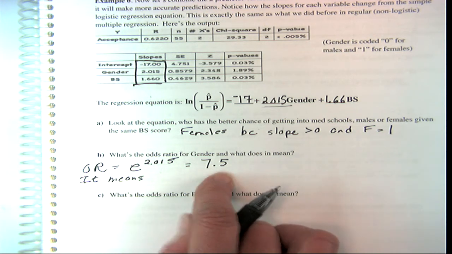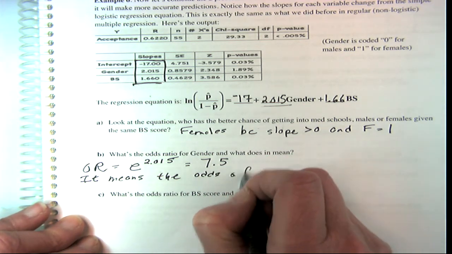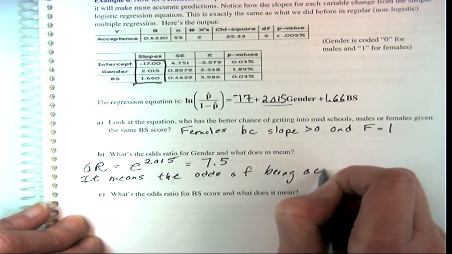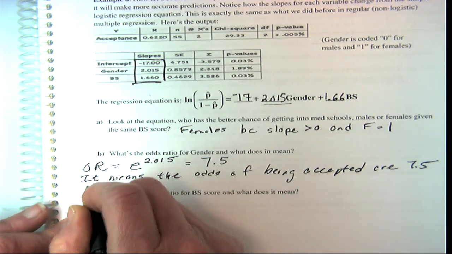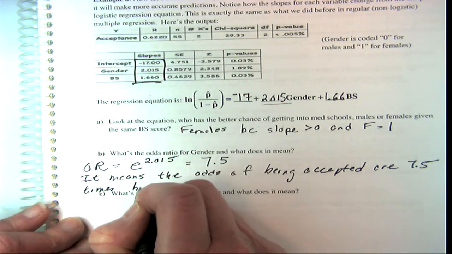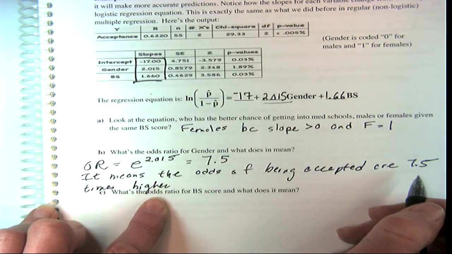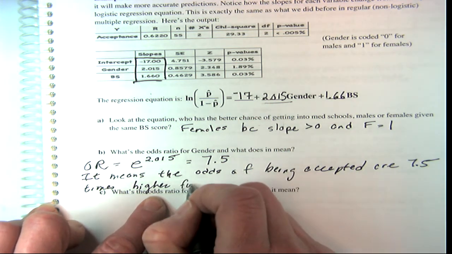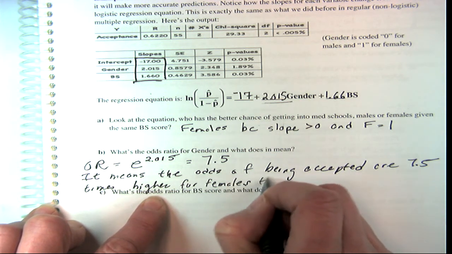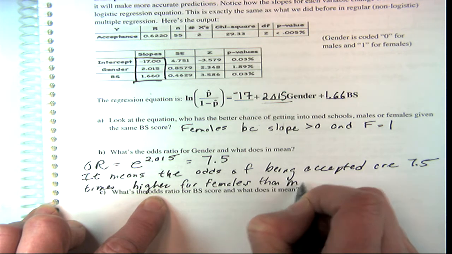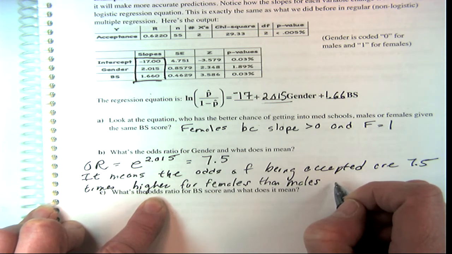I'll write it down. It means that the odds of being accepted to medical school are 7.5 times higher for females than they are for males, given that you're comparing two people with the same biological science score.